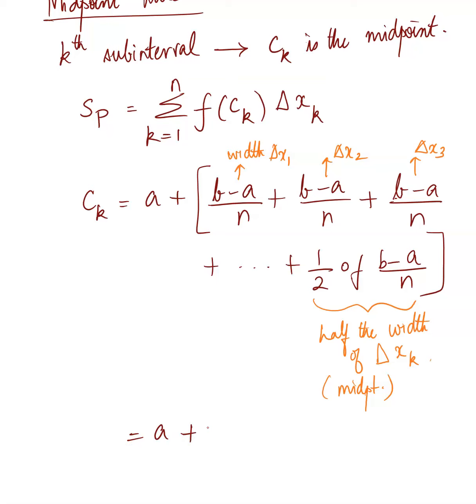You can look at it in two ways. You can do k times b minus a, minus a half, or just k minus half, right? That was k minus 1, isn't it? This is k minus half. Just put my b minus a.